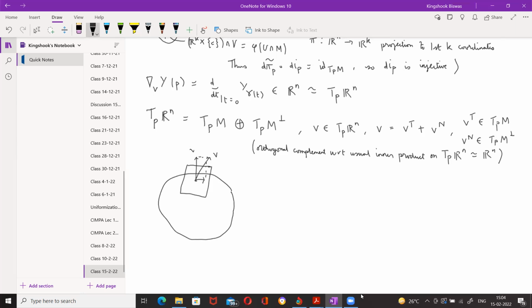So this will be V^N, the normal component, and this will be V^T. Is the picture clear? Yes. Okay.